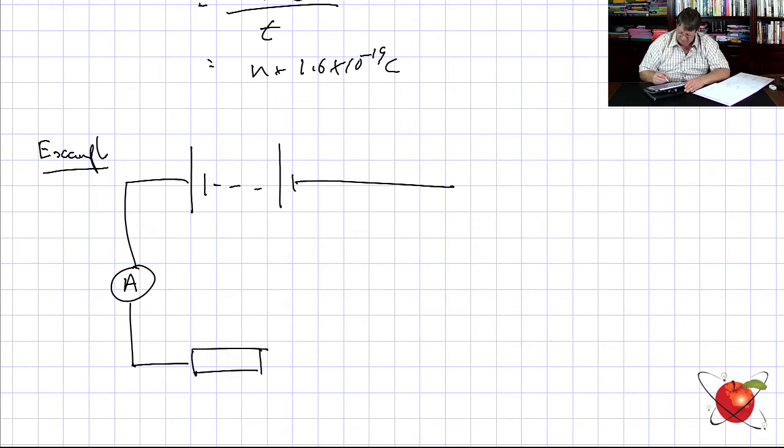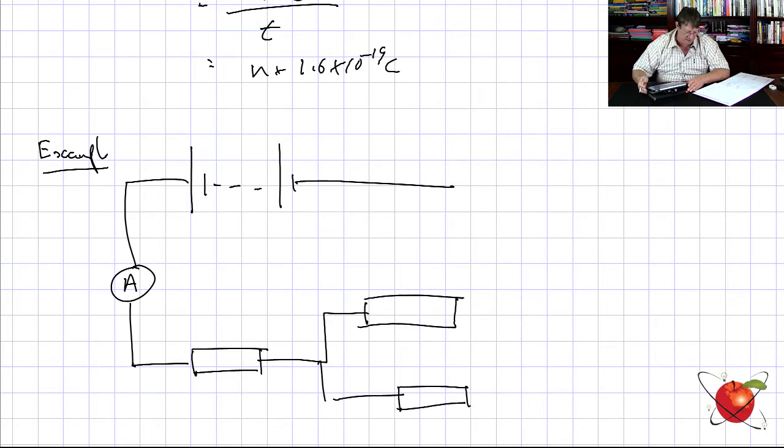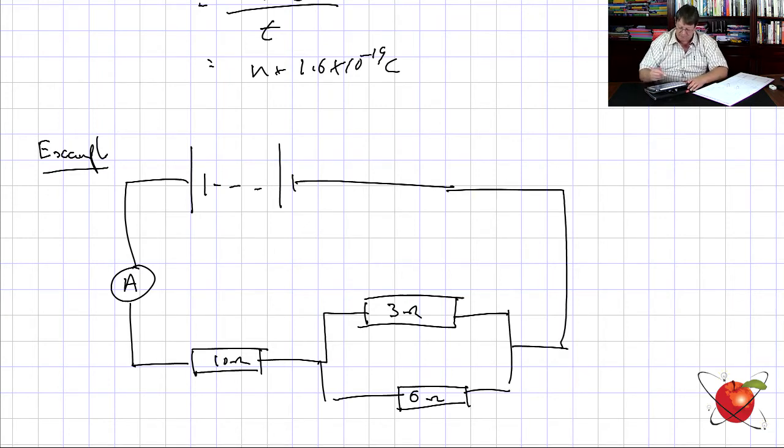Let's put in a resistor here, and let's say we go up to another resistor over here and down to a resistor down here. We're going to have ammeters and voltmeters and stuff. This is 3 ohms, this is 10 ohms, this one is 6 ohms. We're now going to go through and solve the circuit. I haven't put in switches.